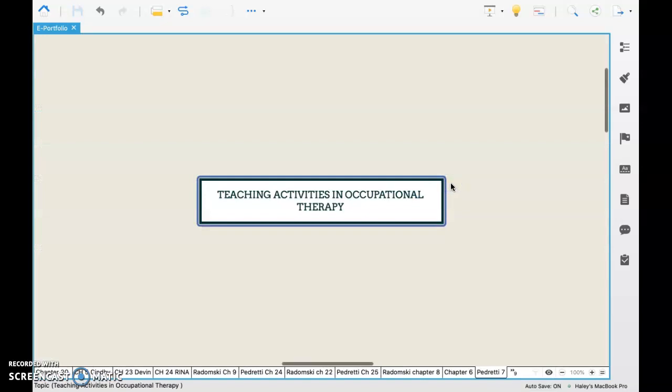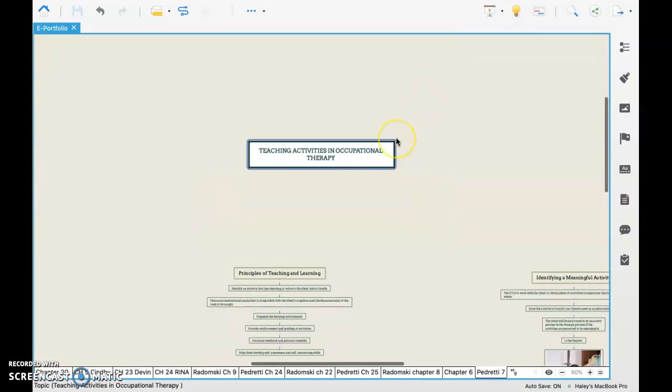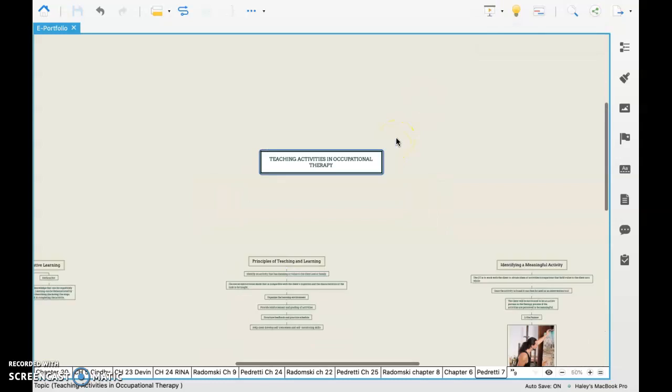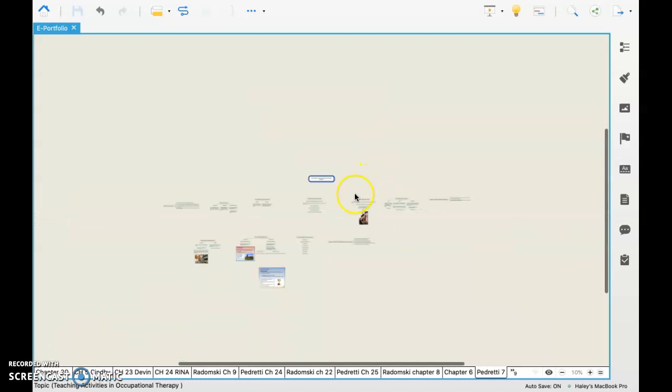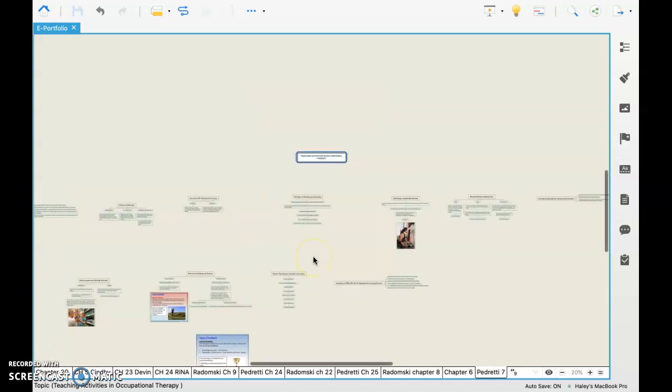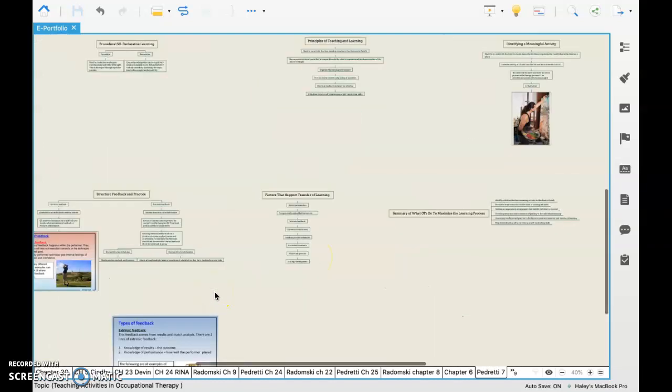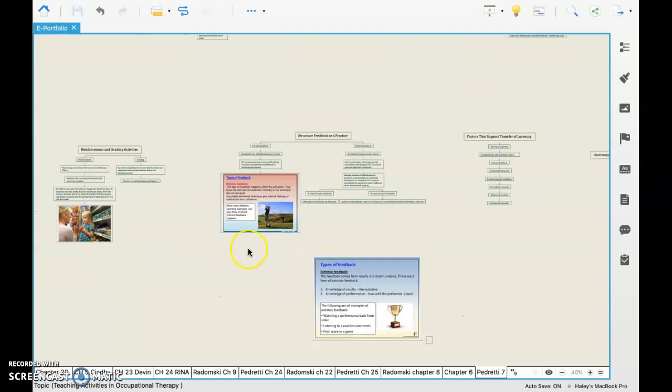And then this is chapter 7, teaching activities in OT. So if I can zoom all the way out. Not super large. It has good graphics and pictures, which I like. It's easy to learn that way and to let things sink in when you see not only the description but also a picture to go with it.